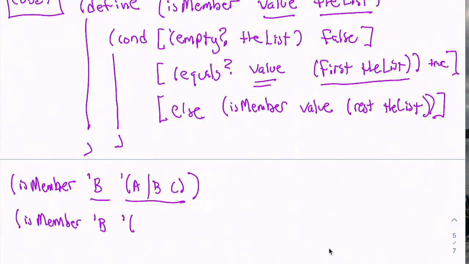The rest of the list is what's left over when you pull off the first element, so that's B, C. Let's trace it again. Is the list empty? No, the list is BC. Is value equal to the first thing in the list? There's value, B, and the first thing in the list is B. It is. So we're going to return true.